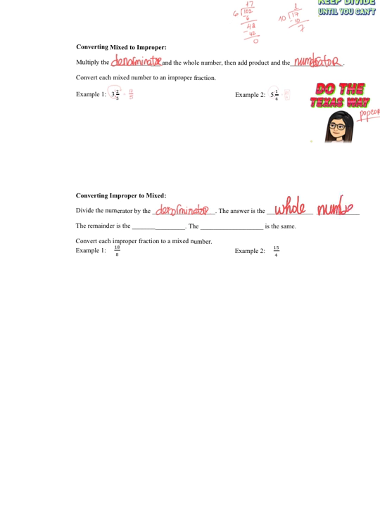Whatever you have is the whole number. And then the remainder, where do you put the remainder? The numerator. Whatever you have for the remainder, you put it as the numerator, and the denominator is always the same.